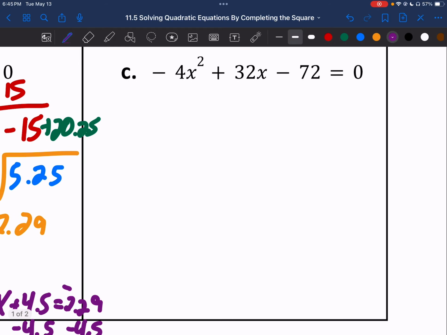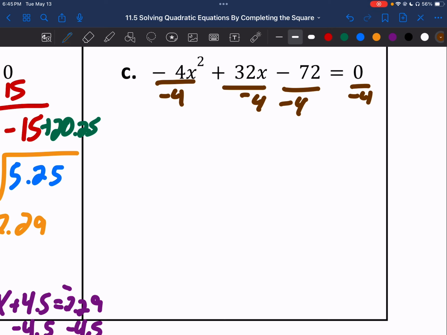All right, letter C is one of those cases where I said we need to have a coefficient of 1 on my x squared term, and I don't have that here. I have a negative 4. So I'm going to start by dividing every single piece by negative 4.